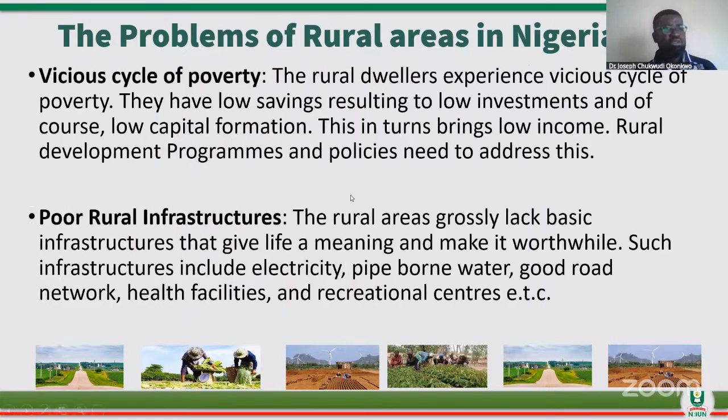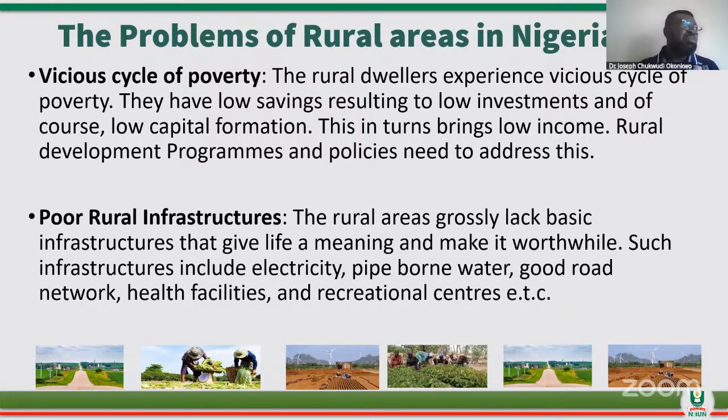The first one is vicious cycle of poverty. What does it really mean? The rural dwellers experience a vicious cycle of poverty. They have low savings, resulting in low investment. You see how it moves? First of all, they have low savings because they have very low income, right? And that low saving results in low investment because when you have low savings, you have very little amount left by the side to invest. And because you have low investment, of course, low capital formation, because at that point you can't even keep any money aside.